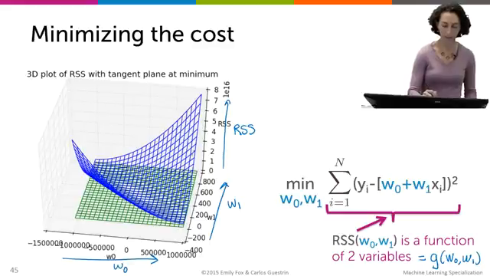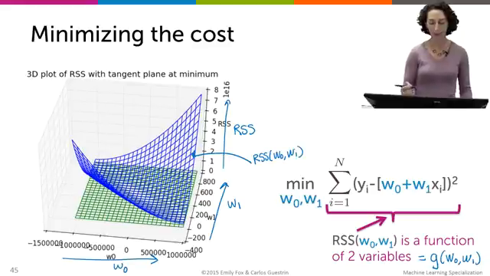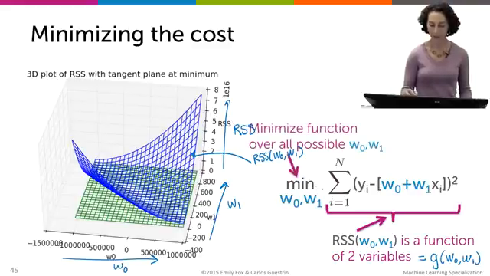That is this blue mesh surface here. That's our residual sum of squares for any given W0, W1 pair. And our objective here is to minimize over all possible combinations of W0 and W1. So mathematically, we write that.